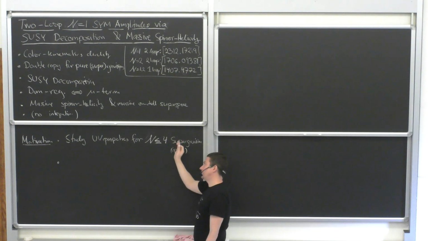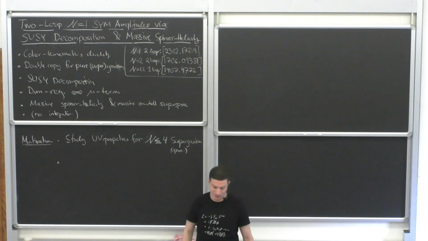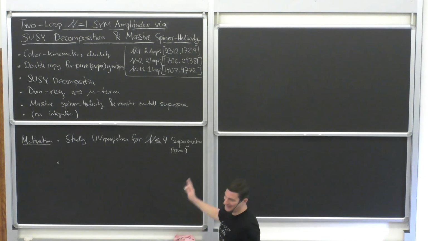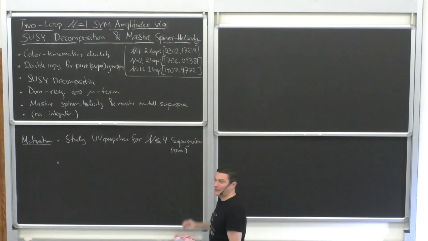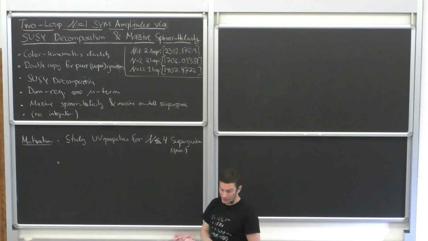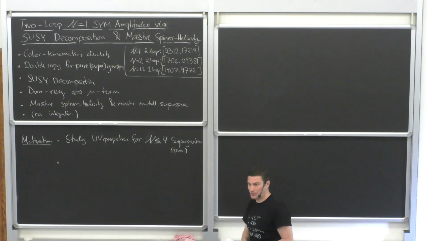And we know that if we want to study N equals 8, we actually have to go to 7 loops. That's also an interesting direction, but we have to climb very high loop orders. So I'm just saying, let's study the lower supersymmetric ones where we can do it at more modest loop orders, right?